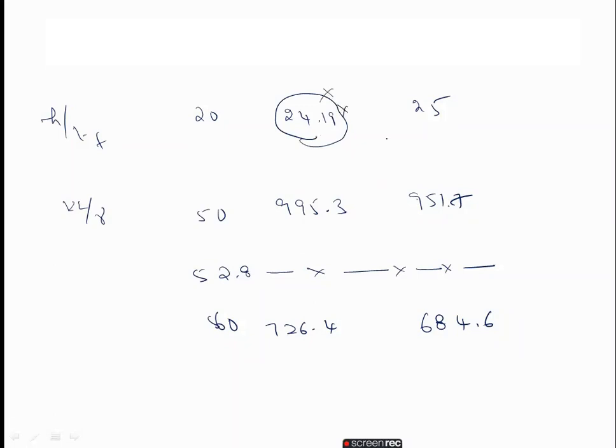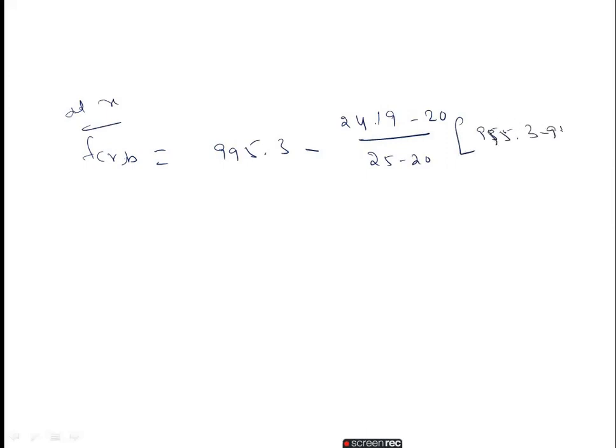So you have to do the double interpolation. First we will calculate at X here, and also here Y, and this is the point O. So first I will take the point X. Interpolation: at X, the fcrb value is 995.3 minus (24.19 minus 20) by (25 minus 20) into (995.3 minus 951.7).